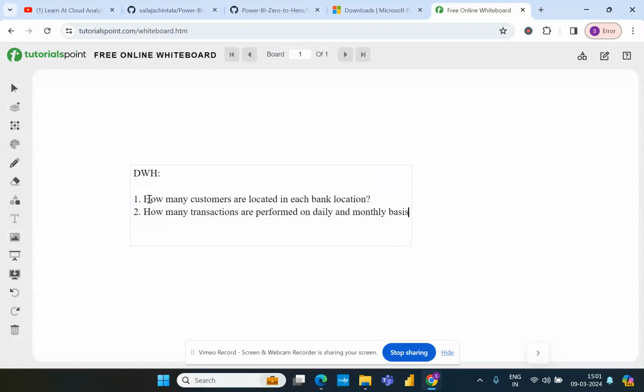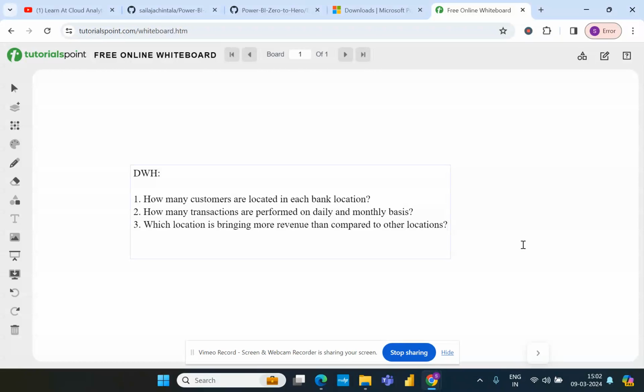It could be any time period as well, but to make it simple, I'm just taking it for daily and monthly basis. And which location is bringing more revenue compared to the others. Okay, so these are the three important questions which the top management of SBI Bank wants answers to in general.